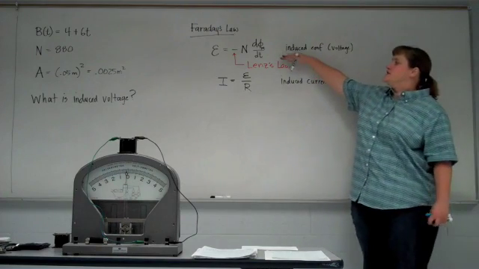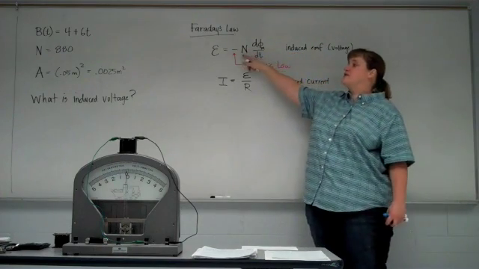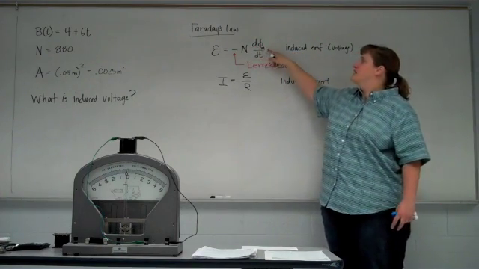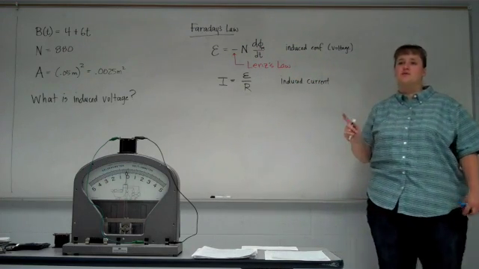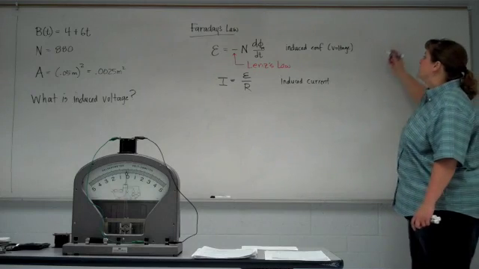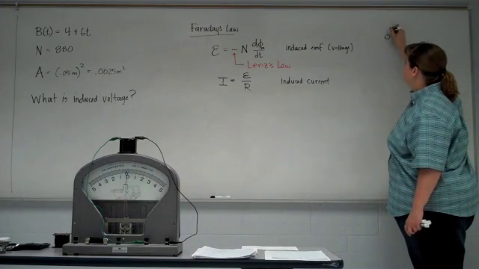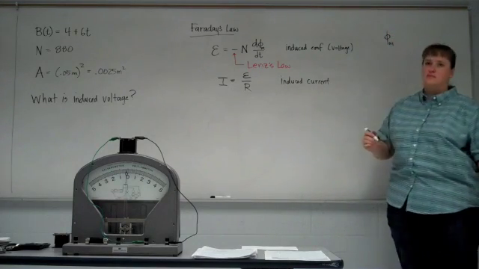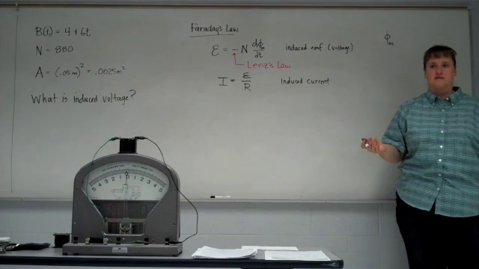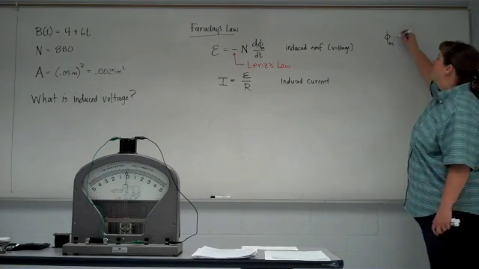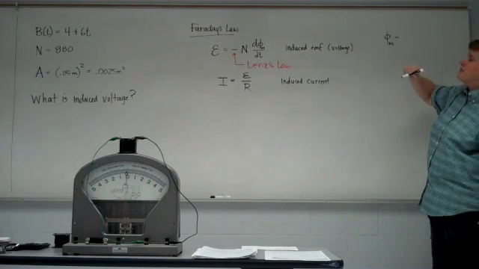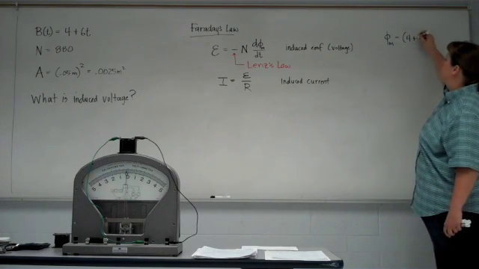Well, induced voltage depends upon the number of turns. That's easy enough, we have that. But it depends upon the derivative of the flux with respect to time, the rate at which the flux is changing. So number one, we need to know the flux in order to take the derivative. The flux will be our magnetic field.